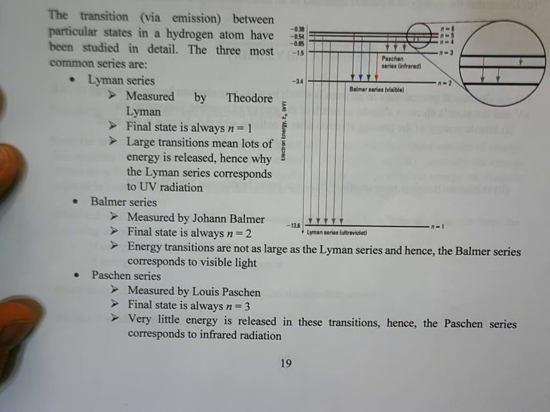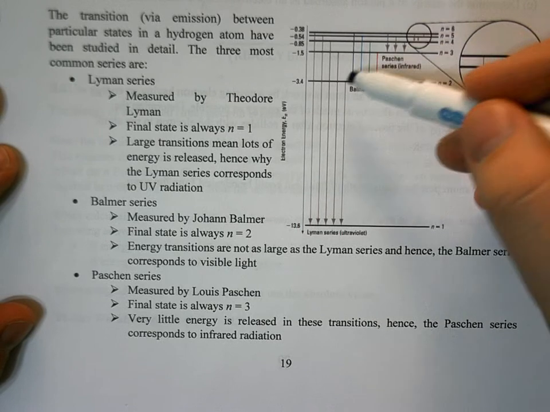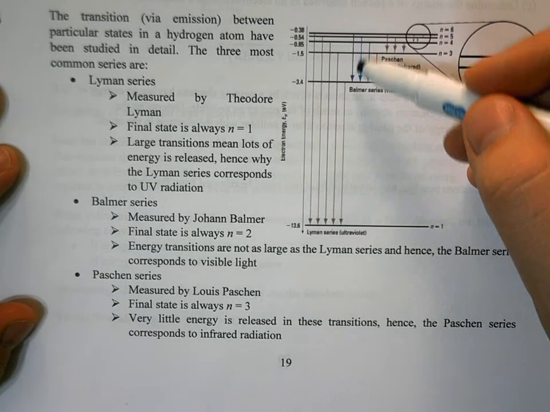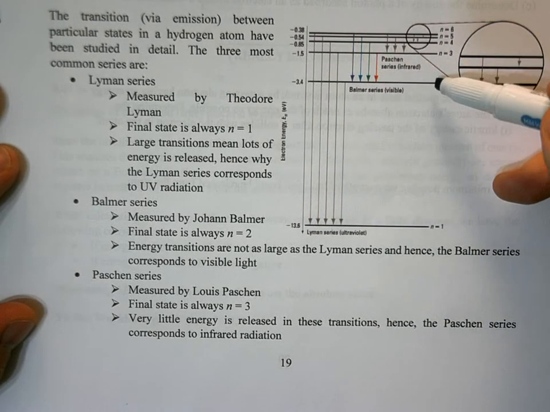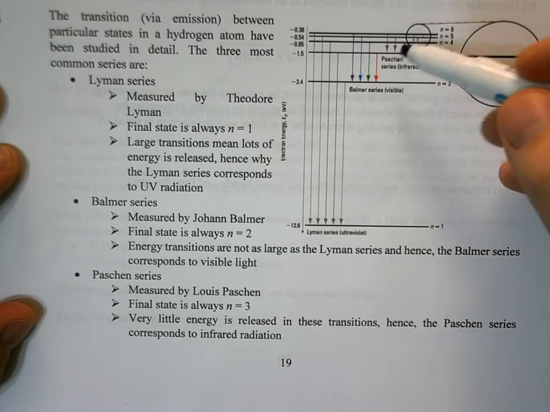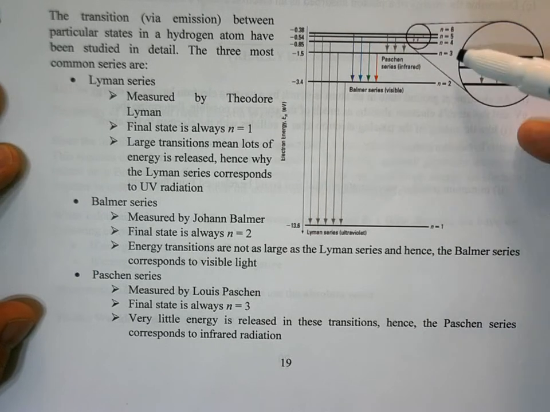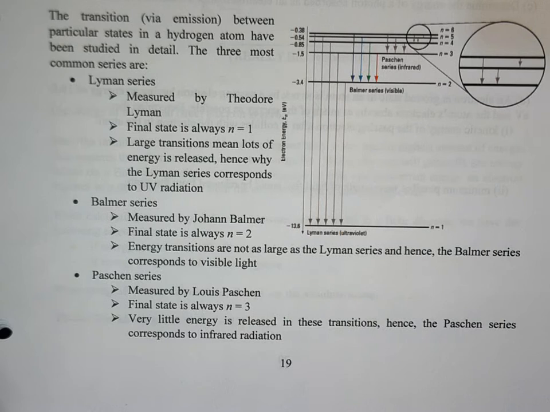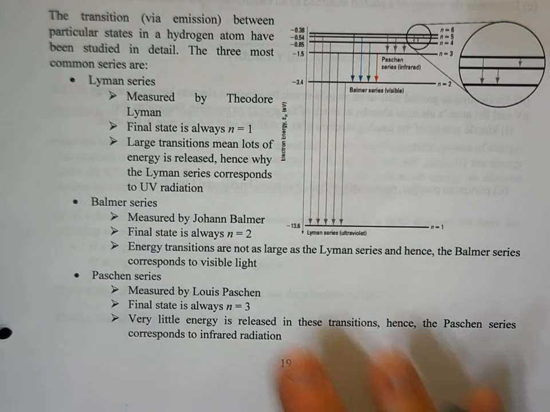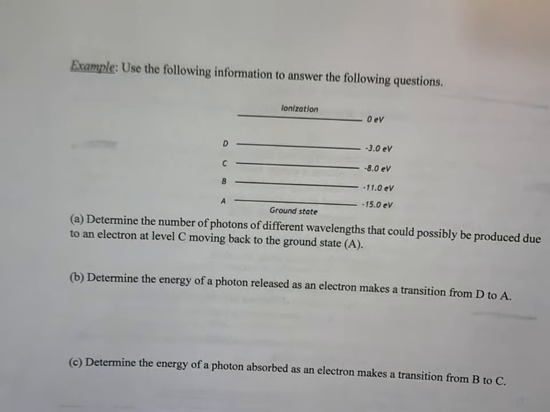Usually this deals with UV. Balmer deals with anything transitioning from a higher state to a state ending on n equals 2. And then Paschen deals with anything coming down to the state n equals 3. You do not need to know these series by name, but if you study these in university, you will see this come up.